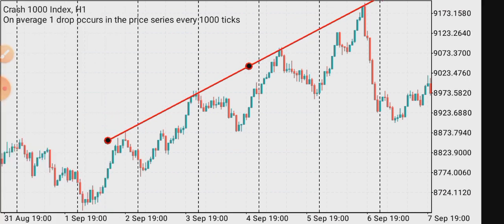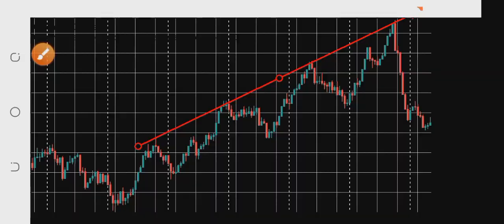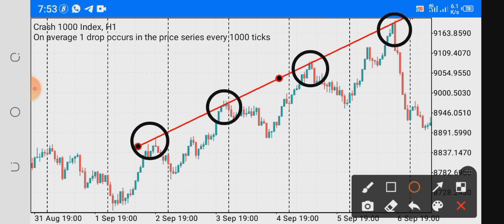Another thing you need to know: you don't need to force your line to touch all of them. Just make sure it's connected to two or more points. As you can see, this place is touching the line, this place touched, this place touched, this place touched. It must not touch all the points.